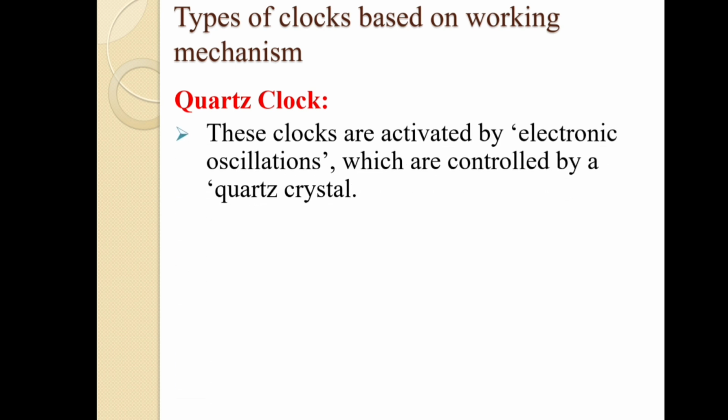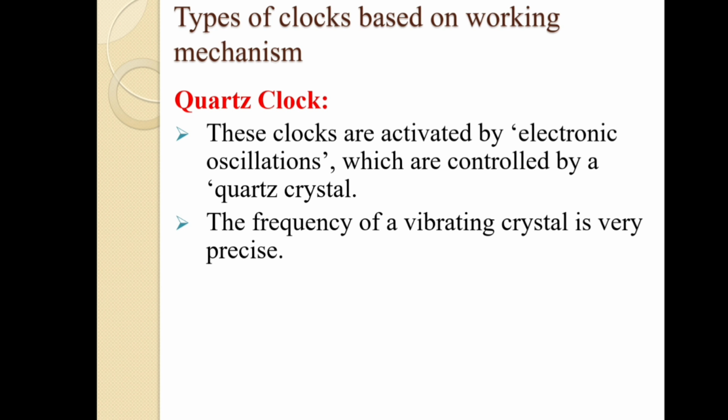These clocks are activated by electronic oscillations which are controlled by a quartz crystal. What is an electronic oscillator? A kind of circuit that produces continuous and repeated waveform or electronic signals. It will convert the direct current to alternating current, and that is controlled by a crystal called quartz. That's why it is called a quartz clock.